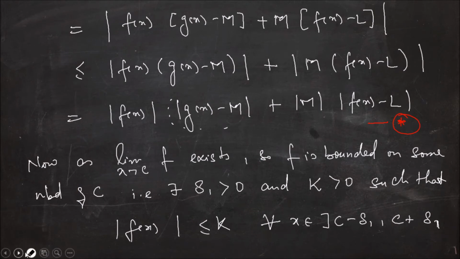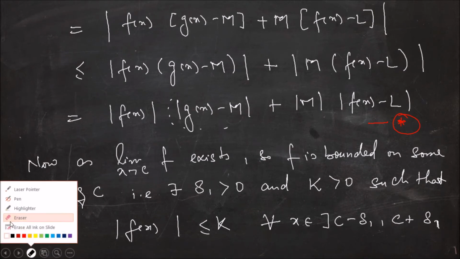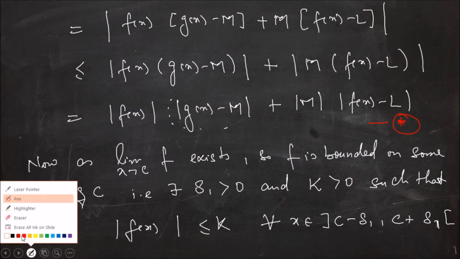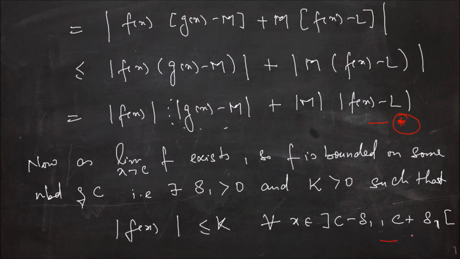This should be open. So mod fx is less than equal to k for every x in c minus delta 1 to c plus delta 1. Mark it as A.